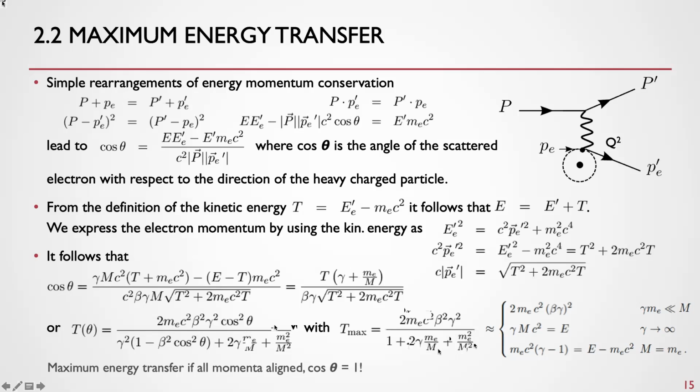First of all, you see in the denominator there are 3 terms. And each of the 3 terms can become important. First, we consider the case when the gamma factor is not very high. Not very high means that the gamma factor of the particle that goes through the matter times the electron mass is way below the mass of the parent particle.